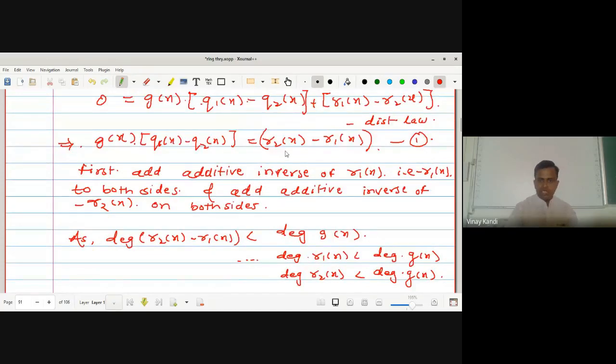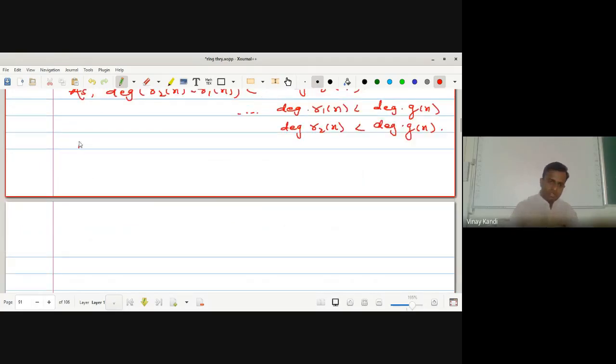The next one, the degree is less than g of x, that means g of x into q1 of x minus q2 of x. So this equation holds. Equation 1 holds only if q1 of x minus q2 of x is equal to 0 polynomial.